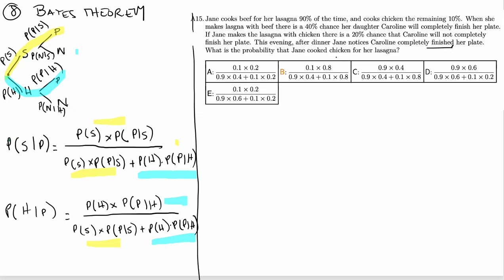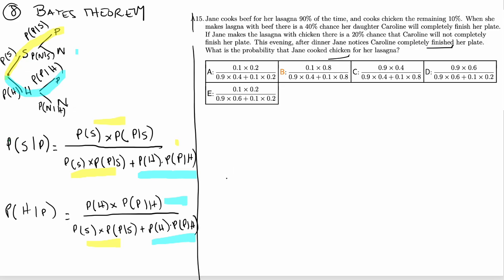What's the probability of being chicken? So the answer is reversed. It's kind of, well, she finished, but where did she come from? Through beef or through chicken? Can you calculate the probability of being chicken? So when you're reading that and it's reversing the conditional, this is Bayes' theorem.